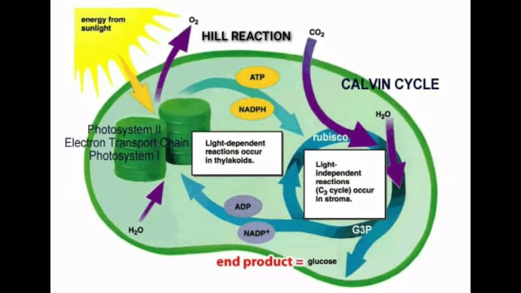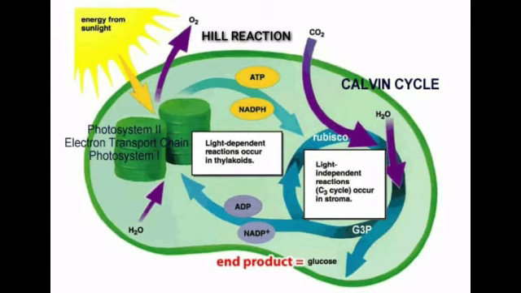Light-dependent photosynthesis may also be called Hill reaction or light reaction. This was discovered by Robin Hill in 1939. This reaction takes place in the presence of light energy in thylakoid membranes, that is the grana of the chloroplast. Photosynthetic pigments absorb the light energy and convert it into chemical energy, ATP and NADPH2.